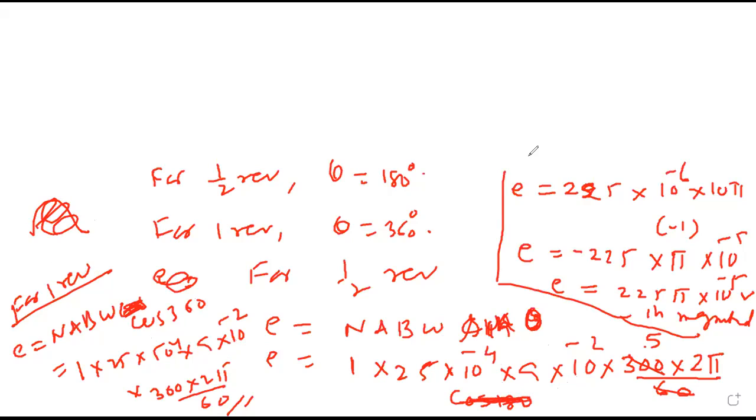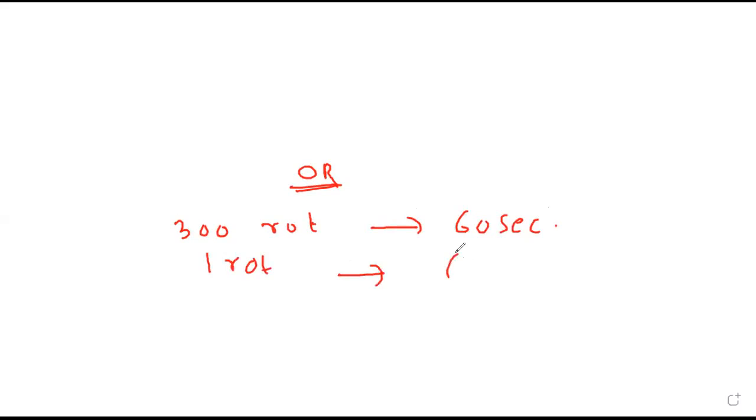Hello, can I clear this? Yes, sir. Second method, see, because they are telling 300 revolutions or rotations are in 1 minute, that is 60 seconds. So one rotation it completes in 60 upon 300 seconds.